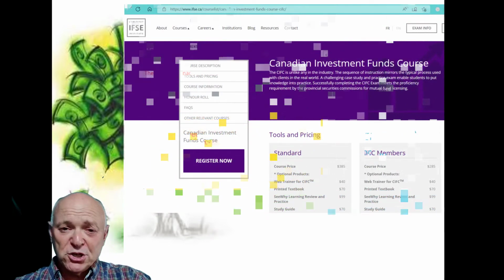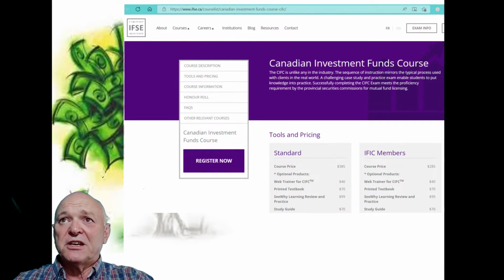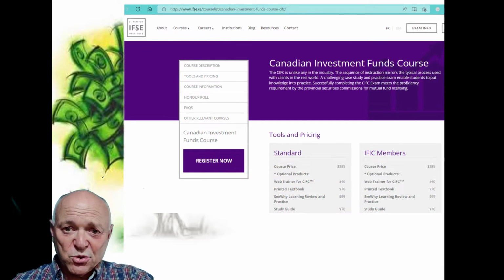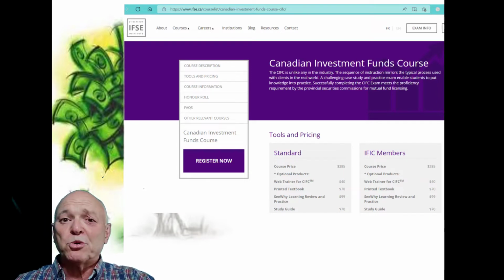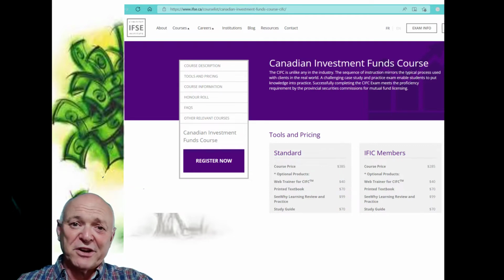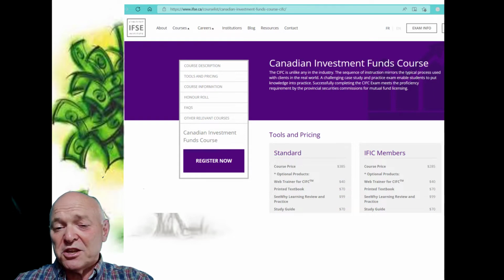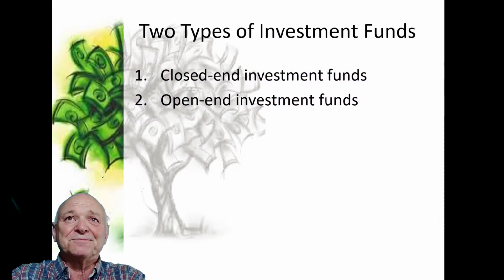The education that's provided to people who work in this industry is provided through the Canadian Investment Funds course, or the Investment Funds in Canada course. Essentially, that's the mutual fund licensing examination process. We offer access to this through our Finance 344 course. You might want to look into that later, but let's talk about mutual funds first.